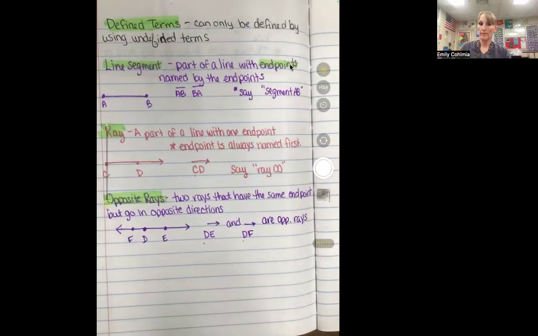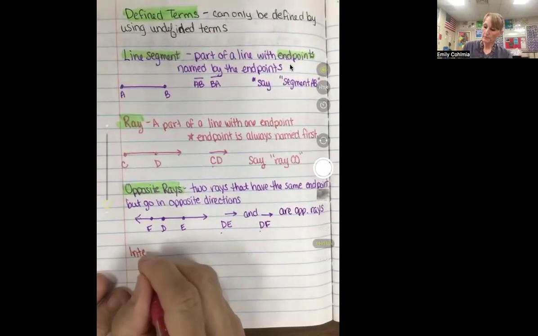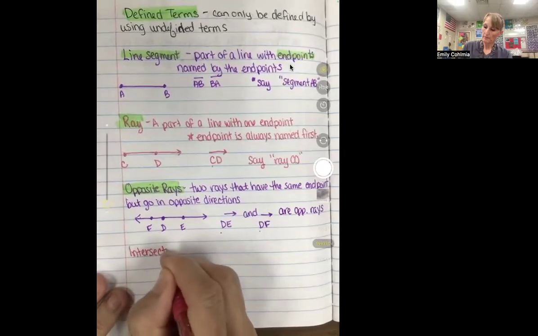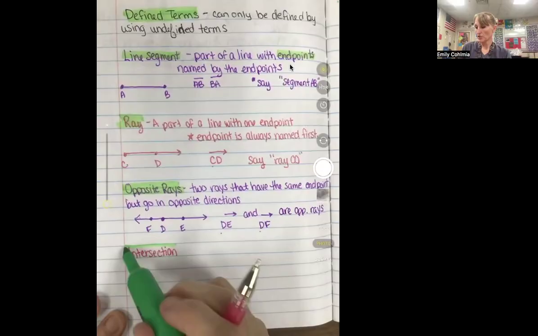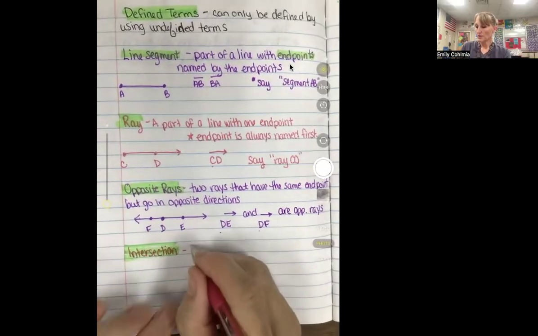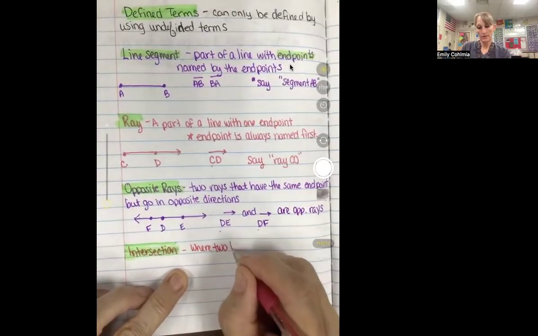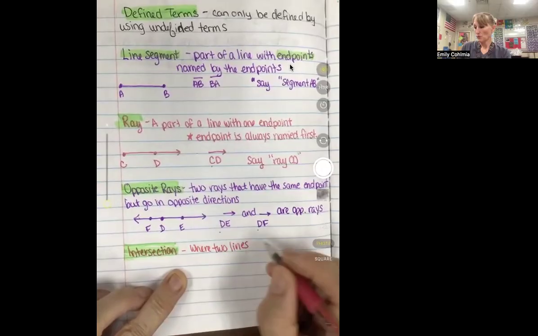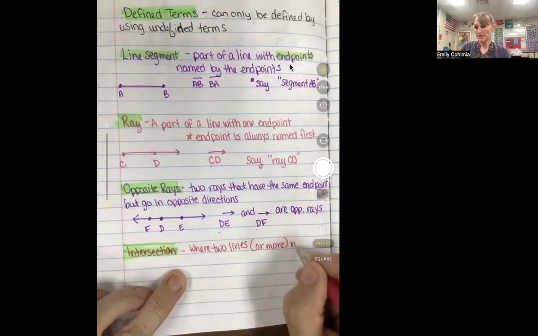Okay, our next vocabulary term is intersection. So just like an intersection that you drive through, this is very similar. This is where two lines or more, can be more than two, meet.